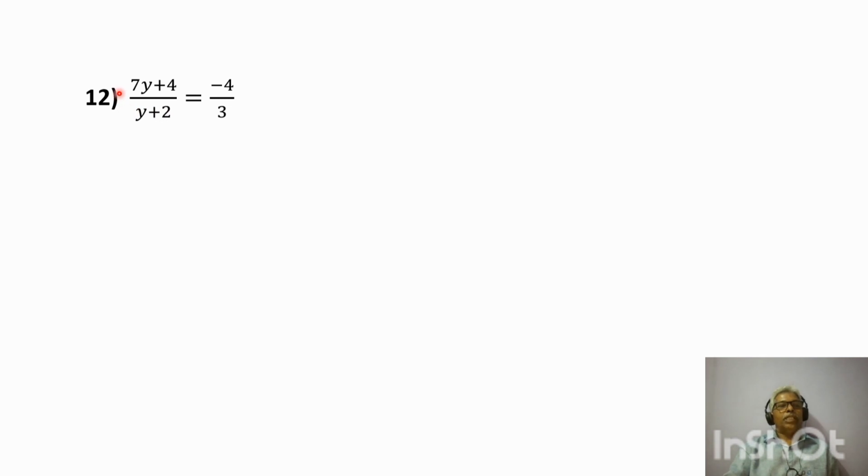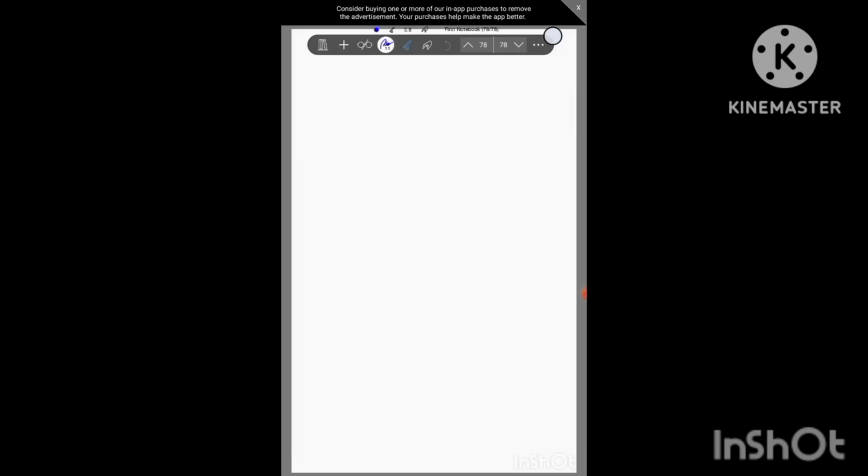Problem: (7y + 4) divided by (y + 2) equal to minus 4 upon 3. So this is the type of problem where we are not given the equation directly in a linear form.